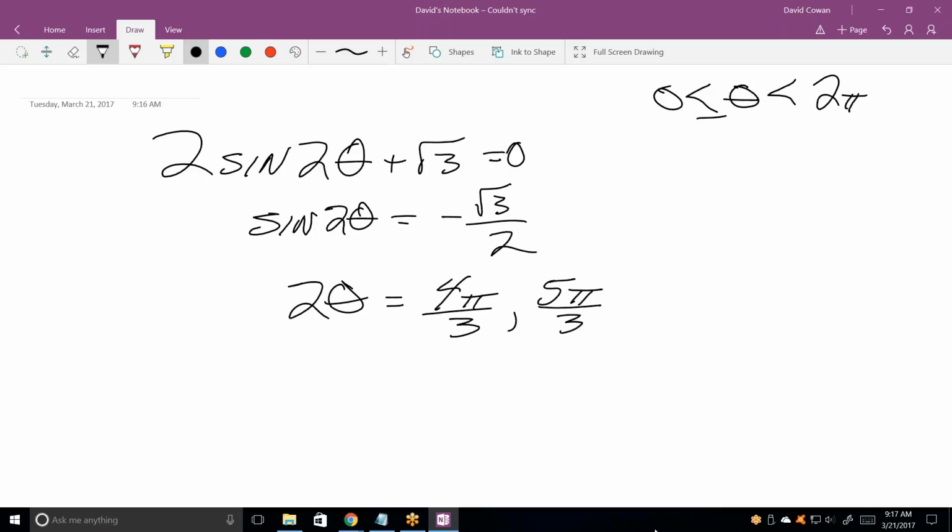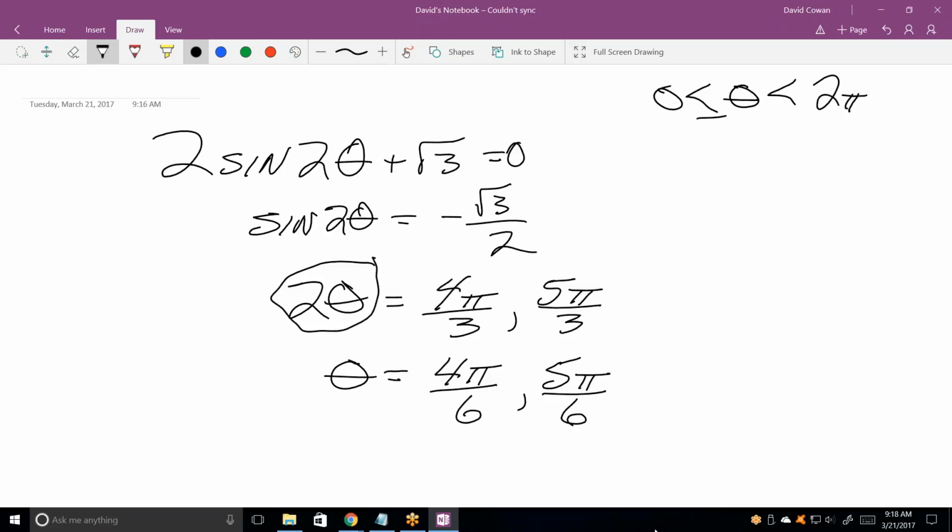Now, here's the kicker. What's our answer going to be? 4 pi over 6 and 5 pi over 6? There's 2 additional answers. And the reason being is that theta is in between 0 and 2 pi, but we were talking about 2 theta.